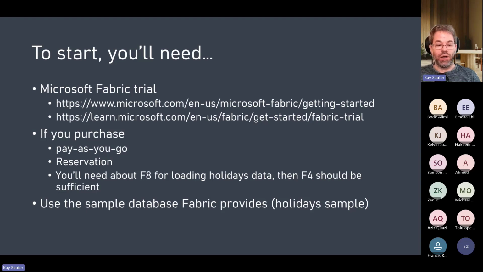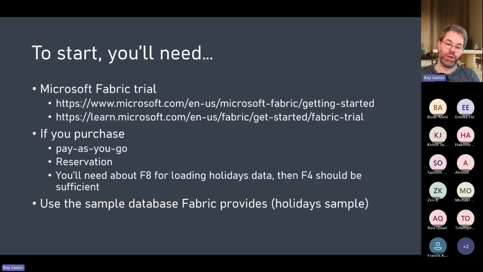To load the holidays data here, you need about F64 capacity. That's what I used to test it, and later on you can have a cheaper one, F4, in case you are not using the trial one.